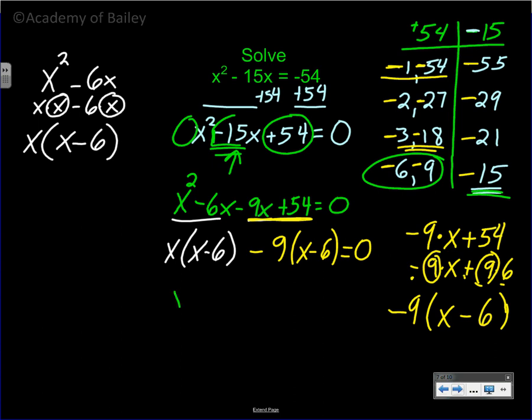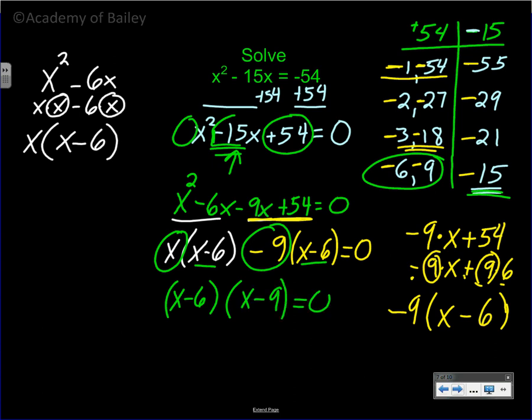So let's take x minus 6, what's inside those parentheses, and go inside their own parentheses. And then what's outside of those parentheses will be put in their own set. And so from here, set both of them equal to 0. x will equal 6.